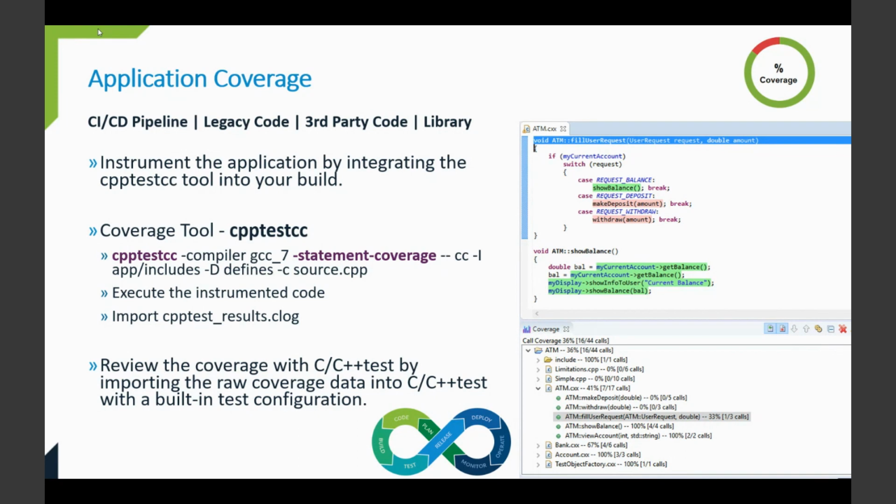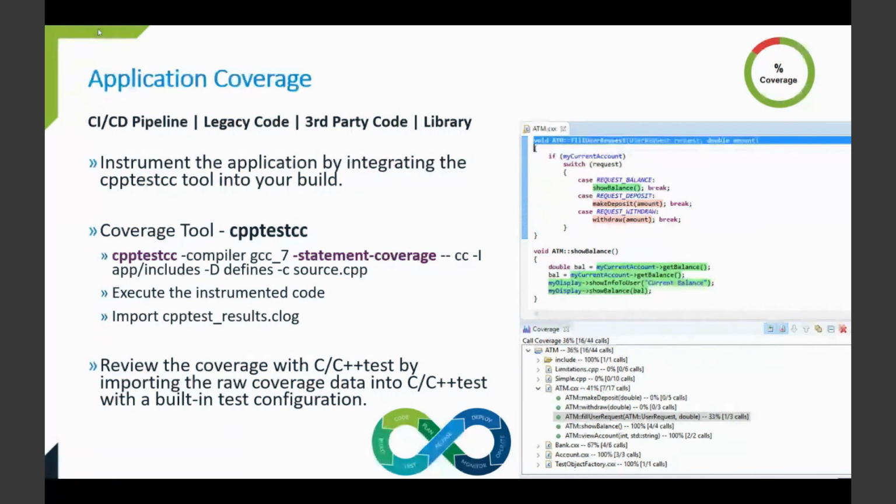Anyway, collecting coverage involves three phases: instrumenting the application by integrating the C++test CC tool into the build, executing the instrumented code through testing, which produces the raw coverage data, and then to review the coverage, you can input the raw coverage data, which will be in the form of a file called cpptest_results.clog, and then you can bring that into a C++test project of the application code.